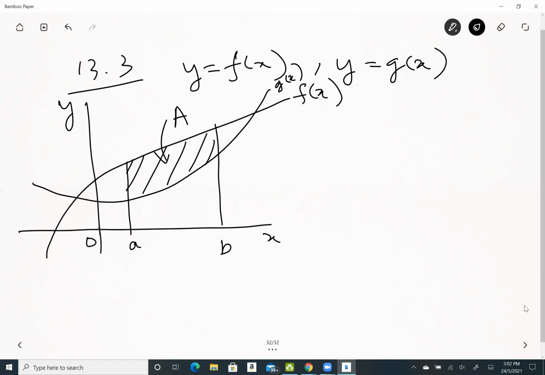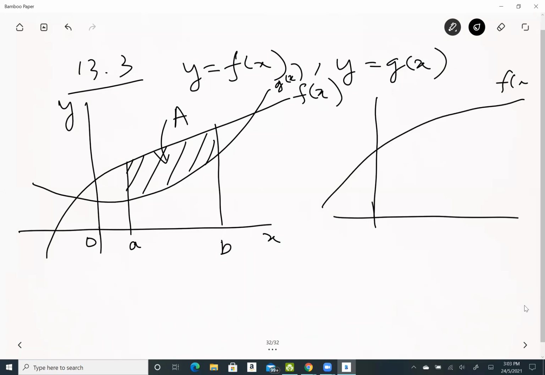So what you want is the area here. Okay, now, if you look at f of x, the function there, the area under f of x from A to B is the whole area here.